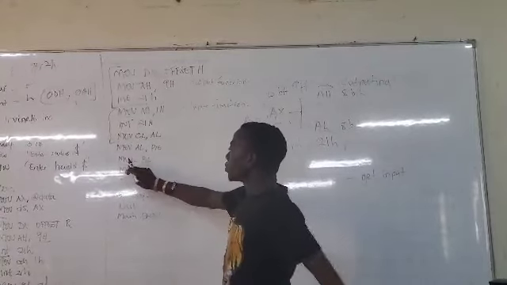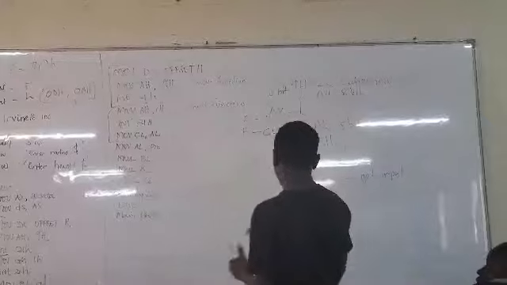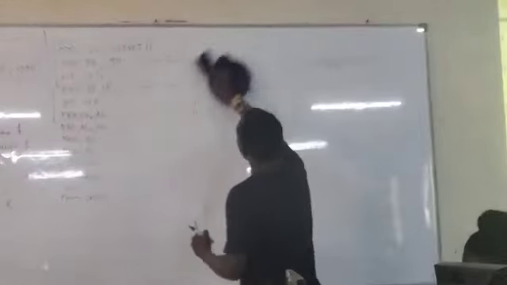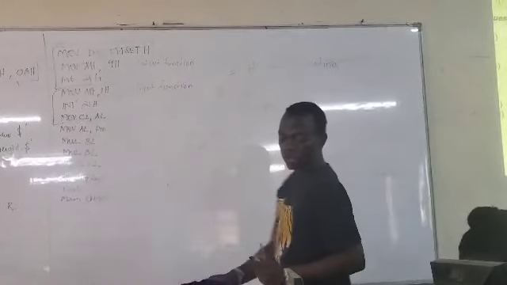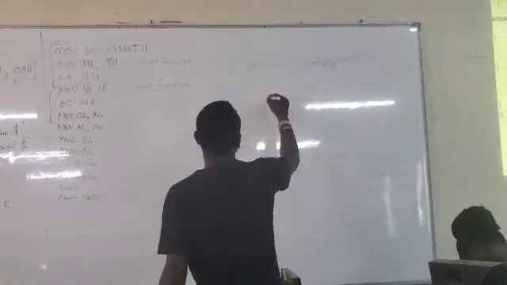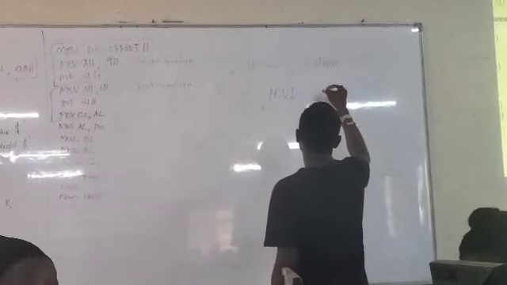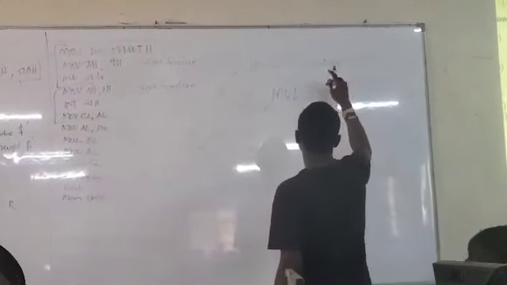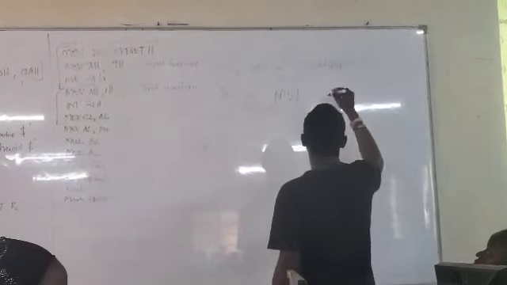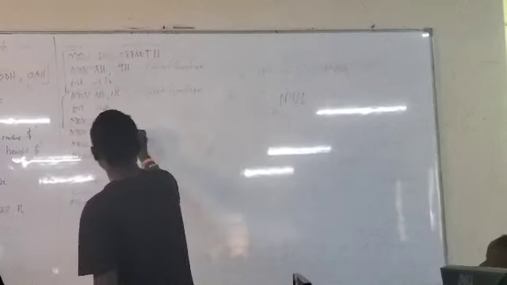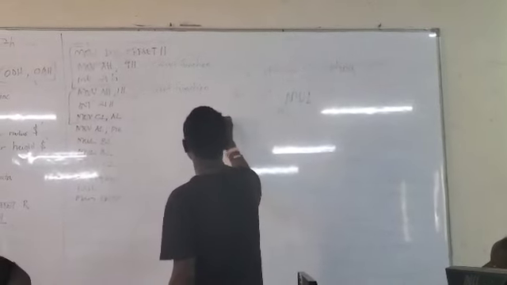Then now we are multiplying. Remember, in multiplication, when you write mul, let's say BL, it will just multiply. Like here, we multiply AL by pi.